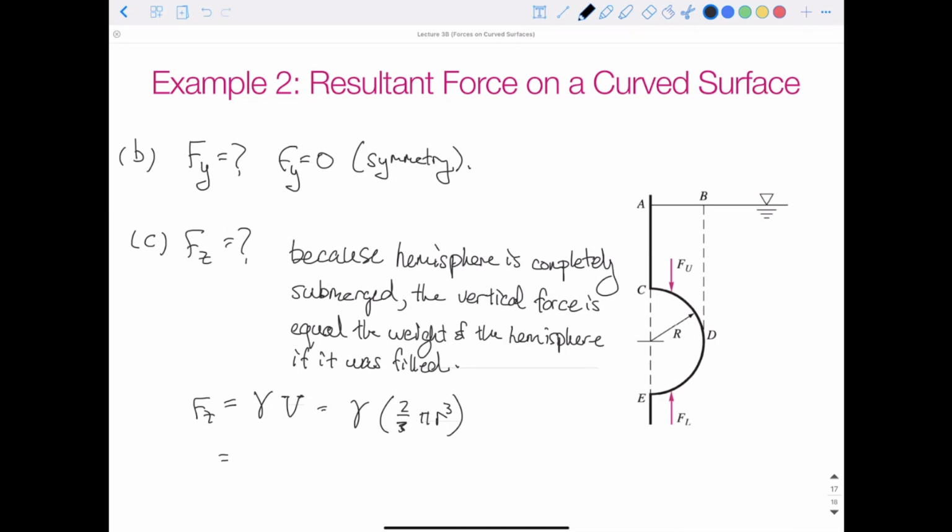So we can finally write that Fz is equal to 9.81 kilonewtons per meter cubed times 2/3 times pi times our radius, which is 0.9 meters, cubed, which would give us 15.0 kilonewtons.